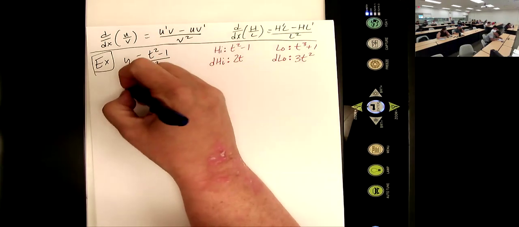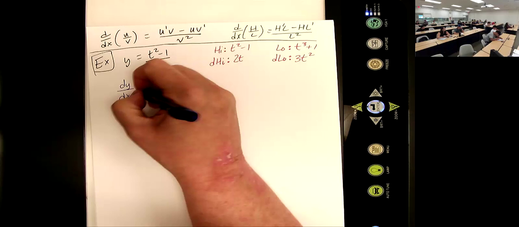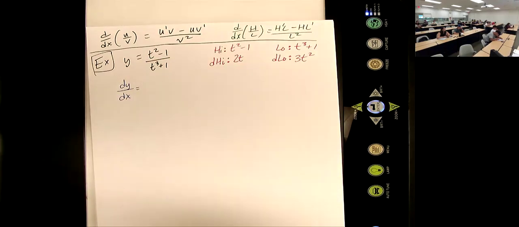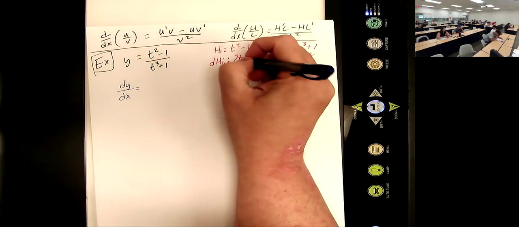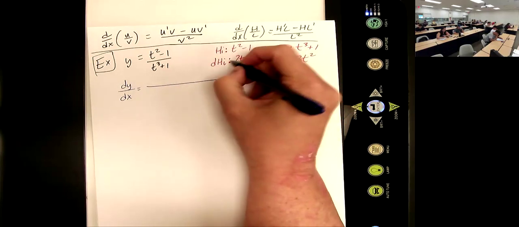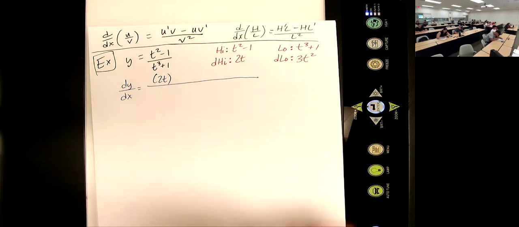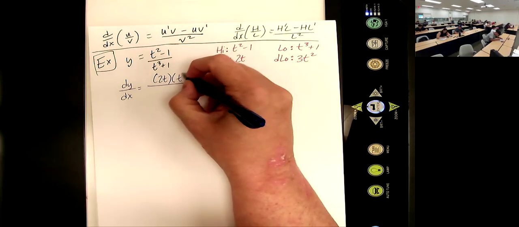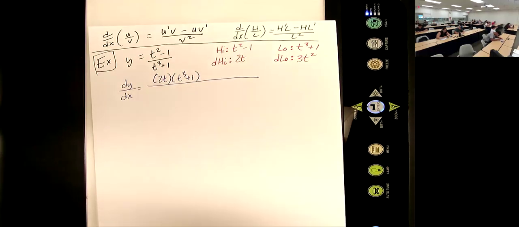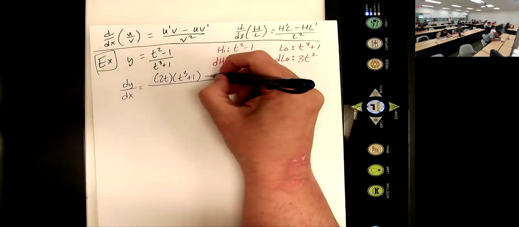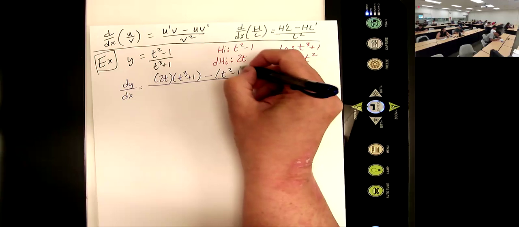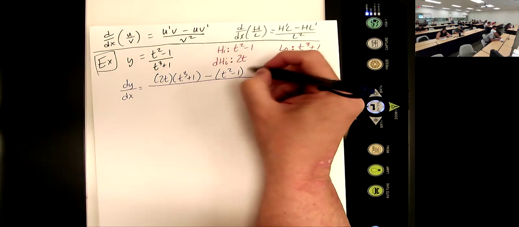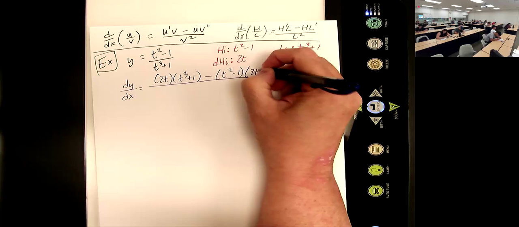dy/dx is the derivative of the high term, which is 2t, times the low term. Then we have minus the high term times the derivative of the low term, which is 3t squared.